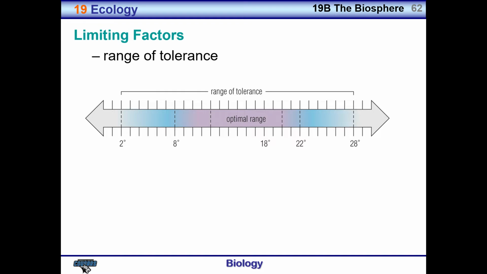There is a range of temperatures that animals can tolerate, but when it falls outside of the optimal range, they don't do as well. For instance, some plants will stop growing or won't flower. Same thing if it gets too hot. So that is a range of tolerance, but the organism will do best when it's inside its optimal range. So we have the optimal range, and then we have the range of tolerance.